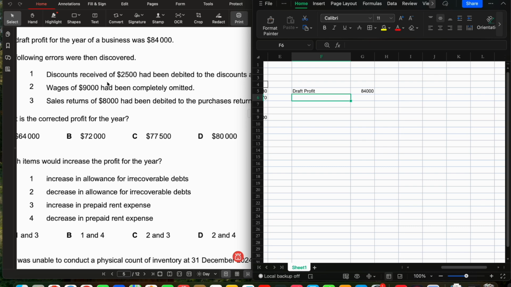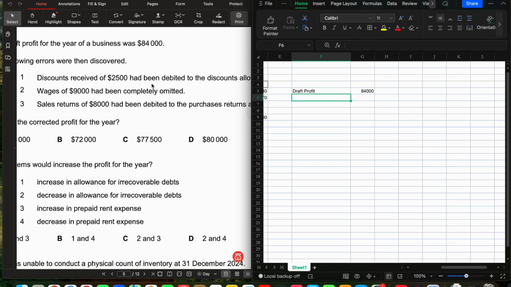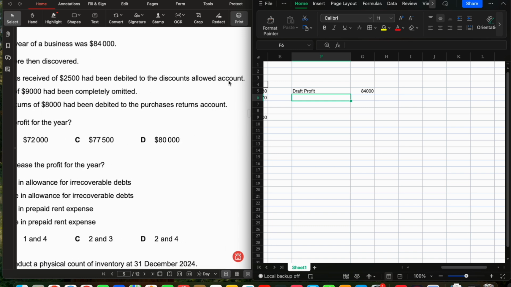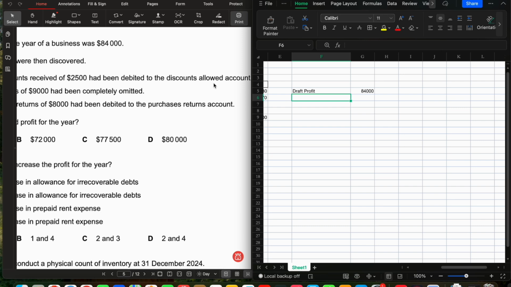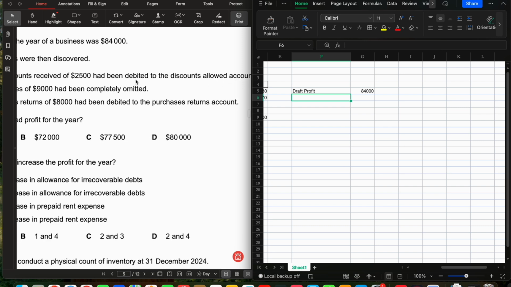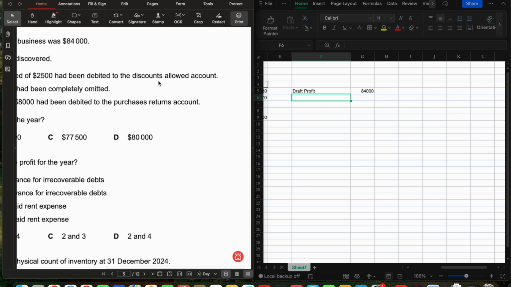Discount received means income, and income is a credit balance, but we wrote it on the debit side, okay, of the discount allowed. So discount allowed is an expense and is a debit balance. So instead of writing it in income, we wrote it in expense. So all we need to do is take it out from expense and put it in income. So if we take it out from expense, which is the discount allowed, my profit will increase.